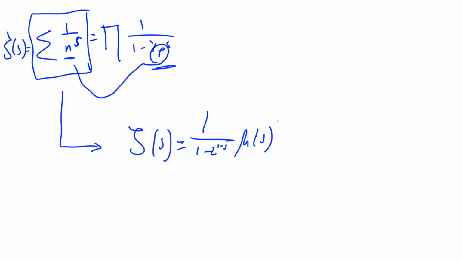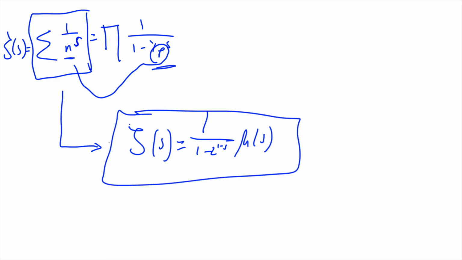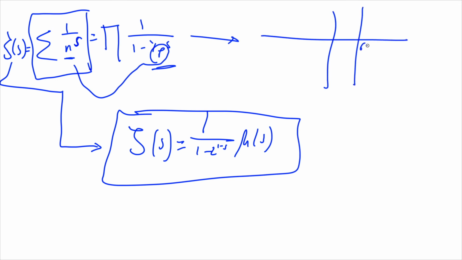And this thing has a larger domain. This one was valid over sigma more than 1, and this one now is valid over sigma more than 0. So it's valid over a larger domain.